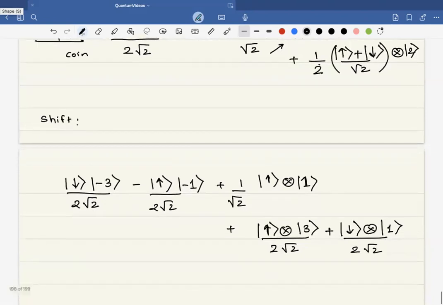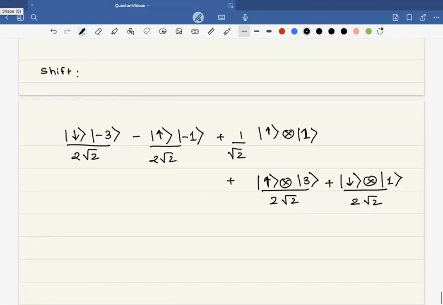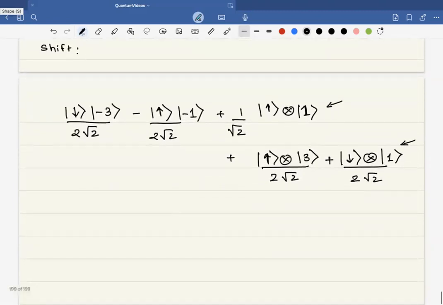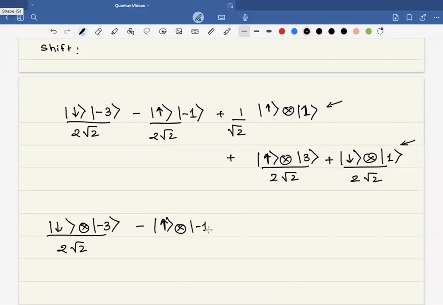Right. So now it's important to collect the terms. The common terms, where the position is common, are these two. The remaining ones are easy. So this is going to be down tensor minus 3 over 2√2 minus up tensor minus 1 over 2√2.